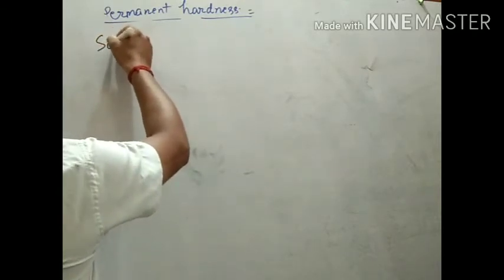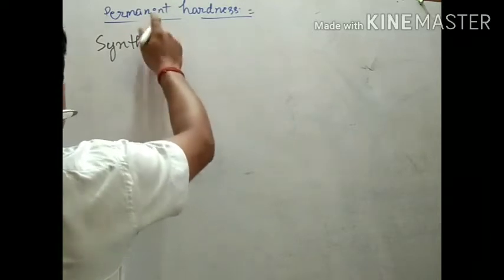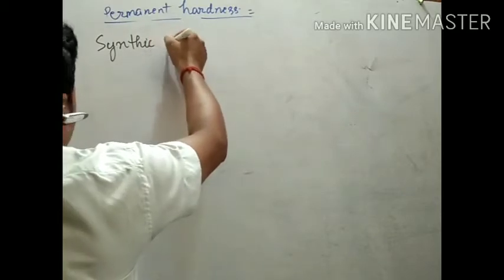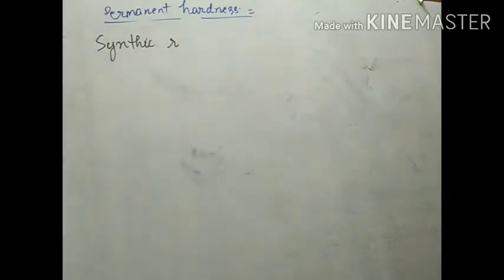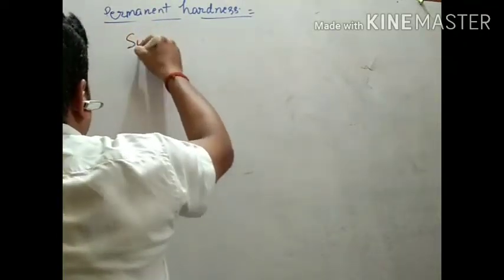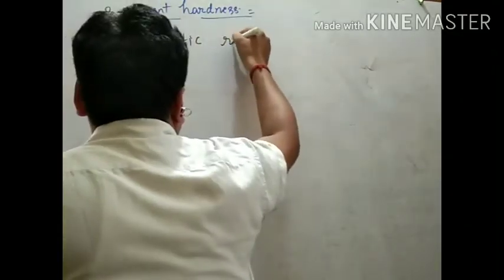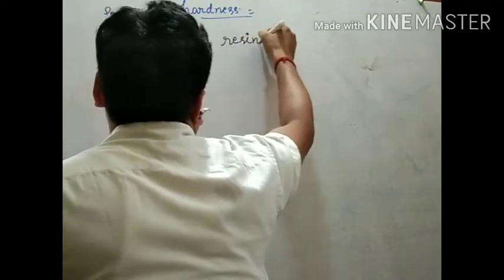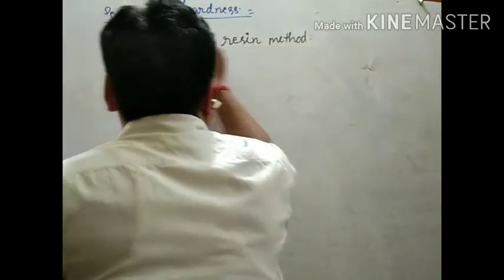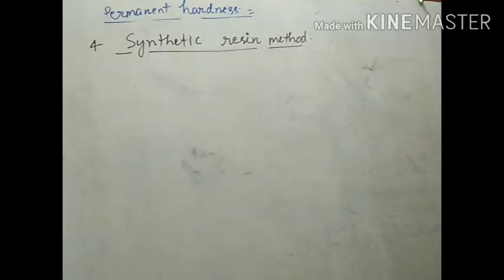Synthetic resin method. This is the last method, the fourth method to remove permanent hardness of water.